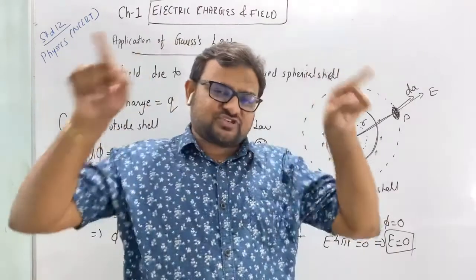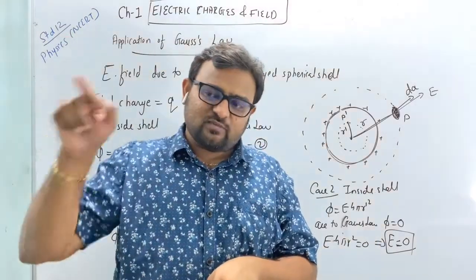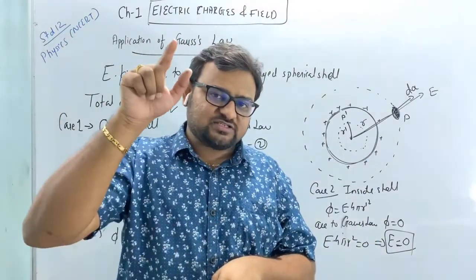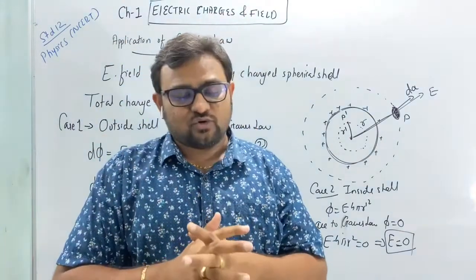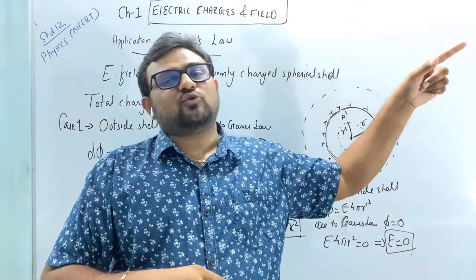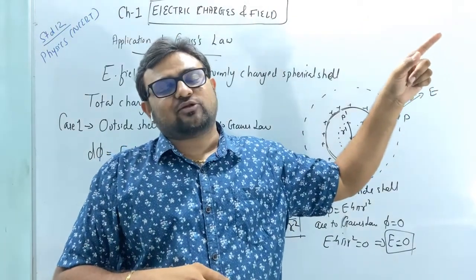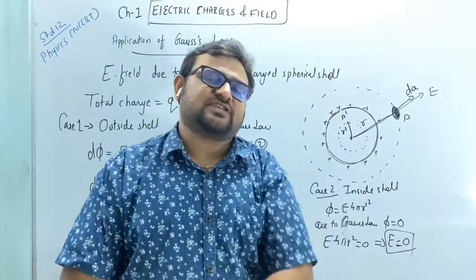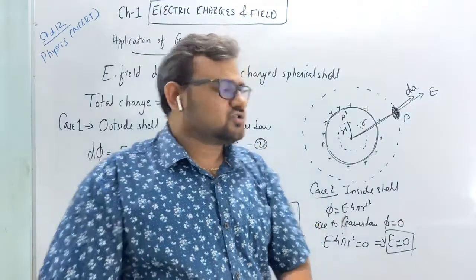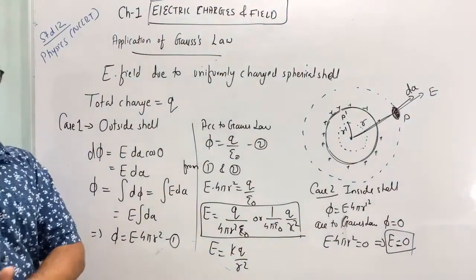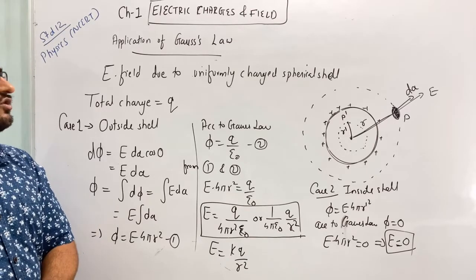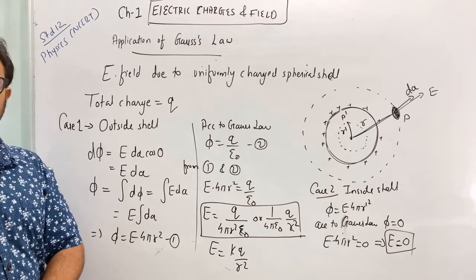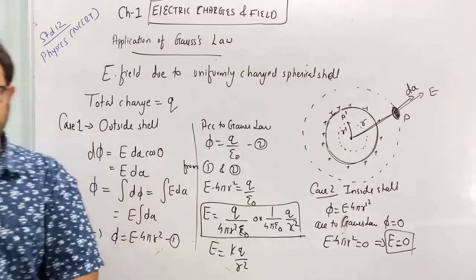Means if you take a shell and uniformly distribute positive charge, the electric field inside it is 0, and outside it is kq by r square, where r is calculated from the center of the shell. This was about electric field due to a uniformly charged spherical shell, the third application of Gauss law. Just go through this topic.